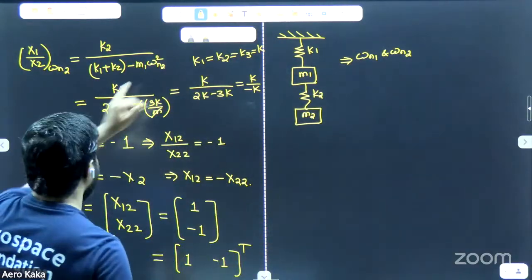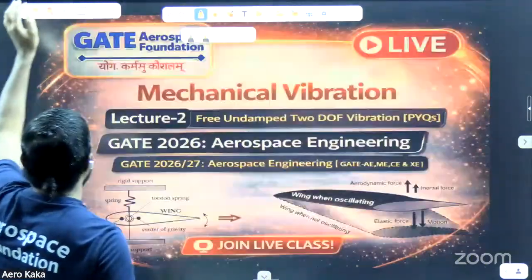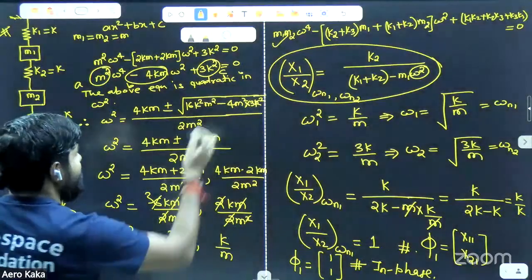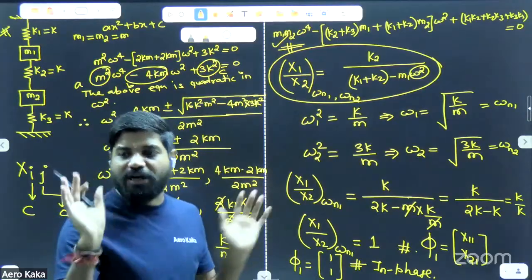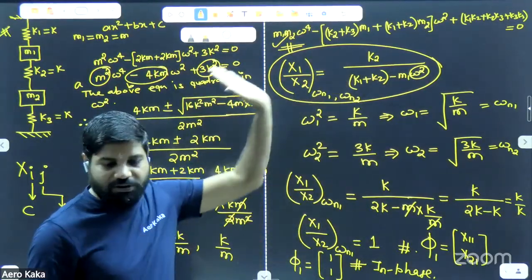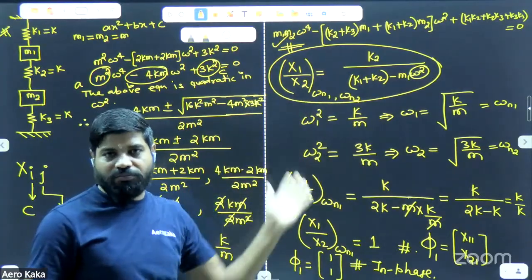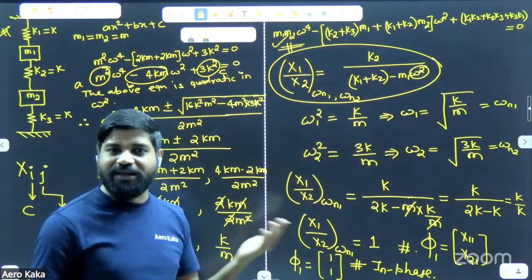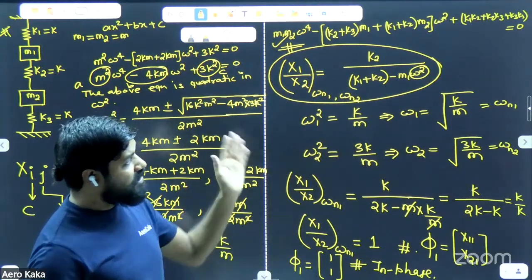Is that clear? Let me remind you once again. We can use the same equation to find the natural frequency for these kinds of questions. Just remember this one. That's more than sufficient to tackle most of the problems which they are going to ask in any GATE exam, or any competitive exam, or in coming years also.